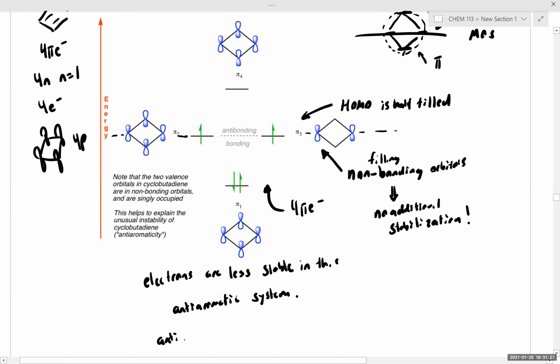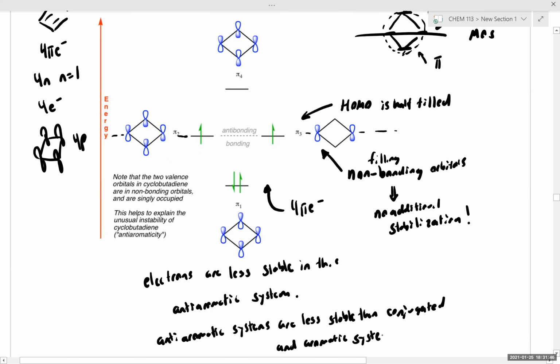And we can conclude that anti-aromatic systems are less stable than conjugated and aromatic systems. Does this idea make sense to everyone?